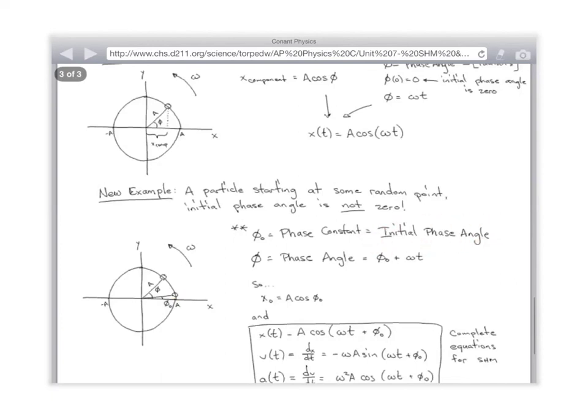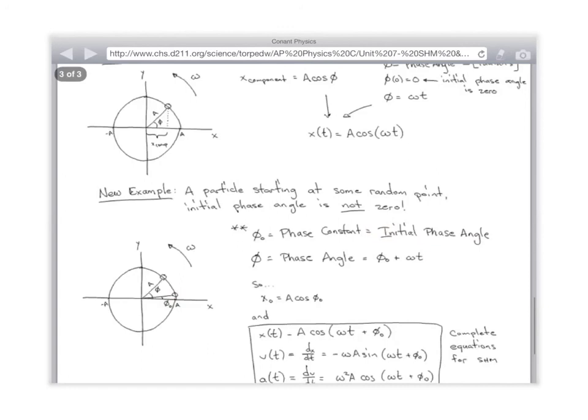Why do we call it phase? I don't know. Think phases of the moon. Do you guys know about phases of the moon? It's like the new moon, then waxing crescent, and then waxing quarter moon, then waxing gibbous, and then full moon. Do you have any idea what I'm talking about?